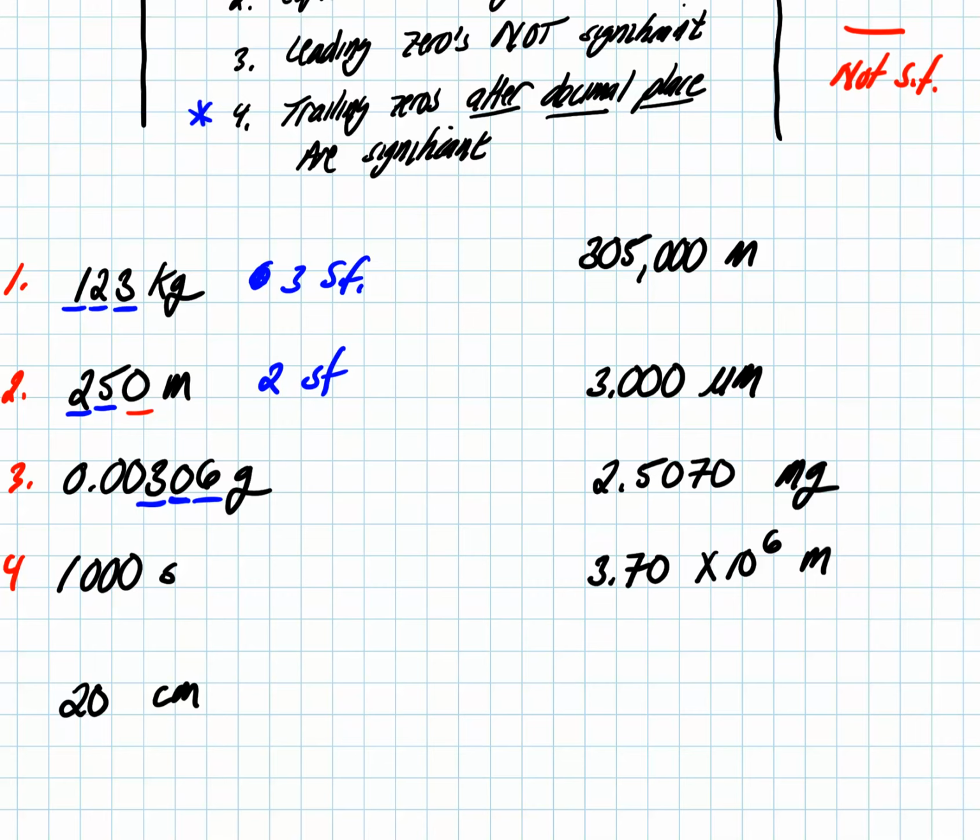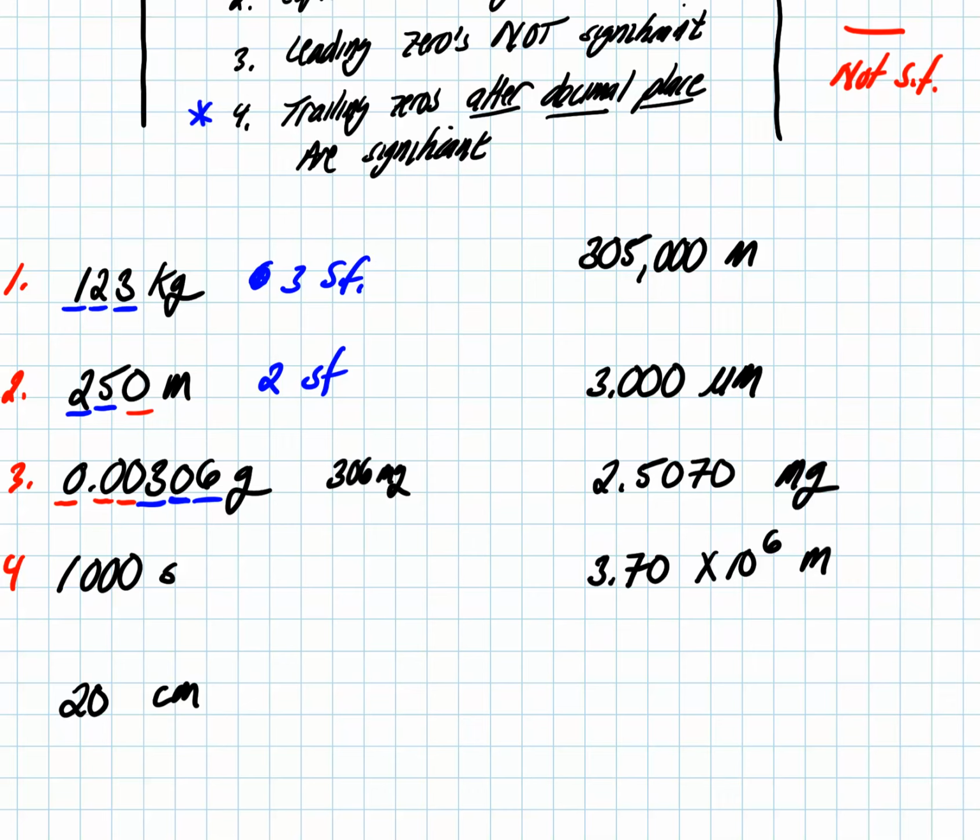What about these leading zeros? Leading zeros are never significant, because if I converted this from kilograms into milligrams, I believe if I'm thinking of this correctly, that's the same thing as 306 milligrams. Let's see, 1, 2, 3, yeah, I think so.